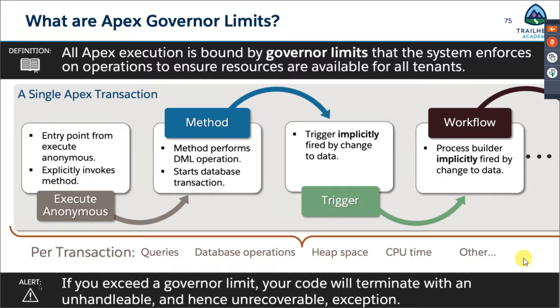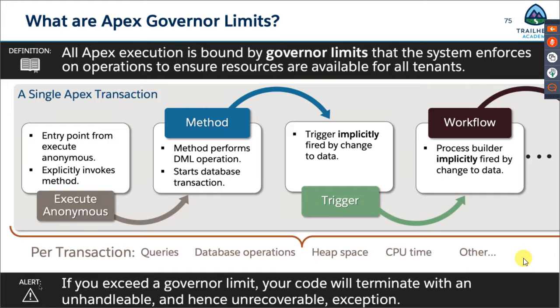Now, all the governor limits are bound to what is called an Apex transaction. An Apex transaction is basically the unit of work that is executed as a single unit when the user hits the server.